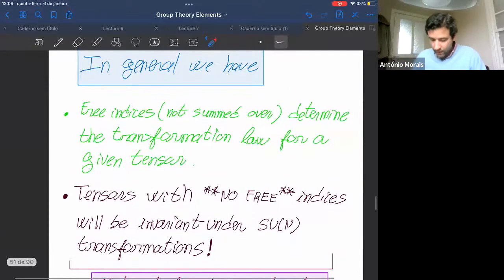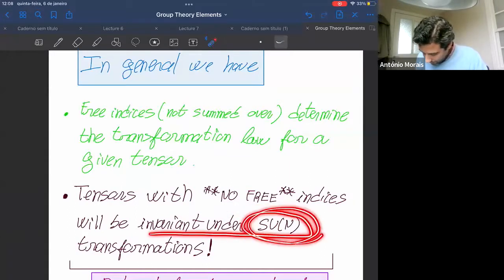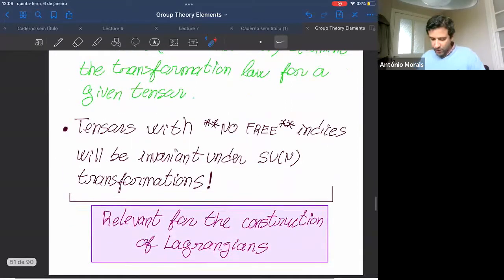So tensors, on the other hand, with no free index, will be invariant under SU(N). This is very important because this is what is relevant for the construction of Lagrangians. So basically, in Lagrangians, we don't want free indices hanging around without being summed.